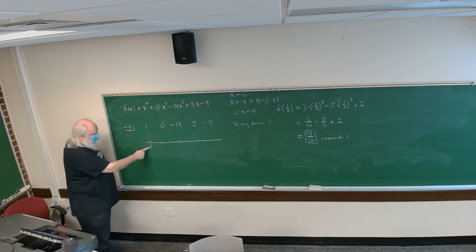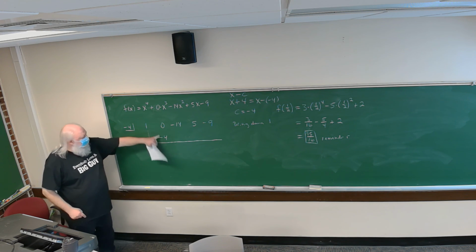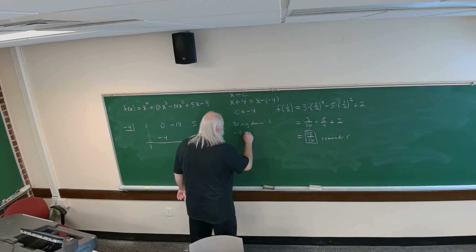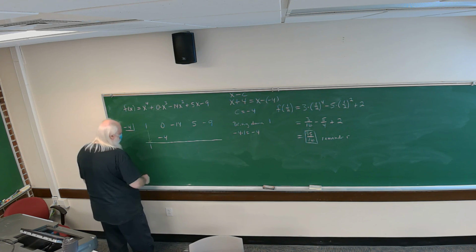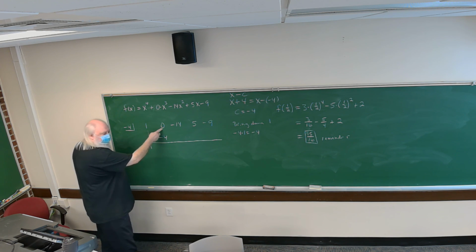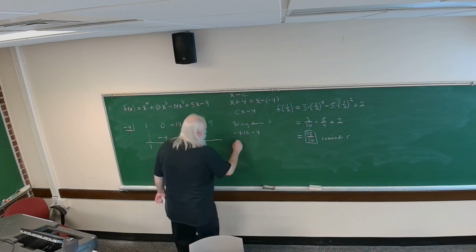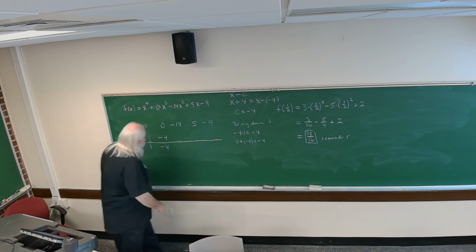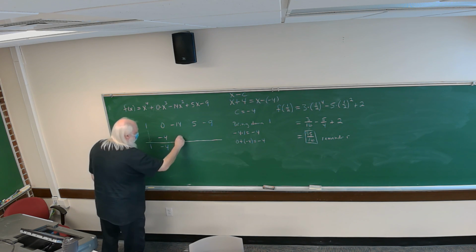So minus 4 times 1, which is negative 4, and that goes in under the 0 in the second column. And then you add negative 4 to 0, and you get negative 4. And then you multiply this negative 4 by this negative 4, and you get 16, and that goes in the next column.